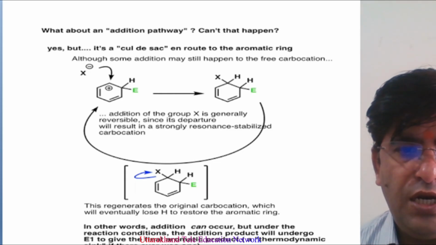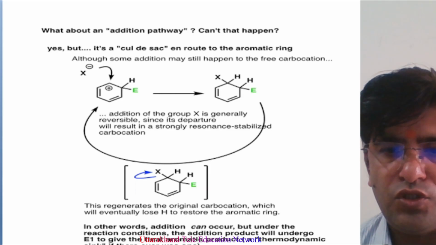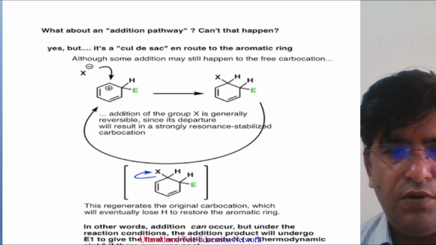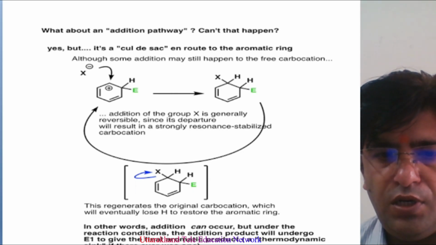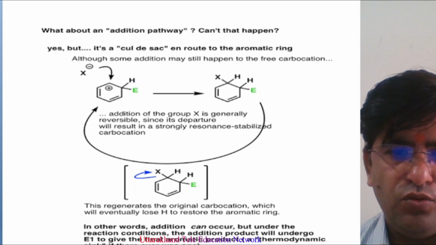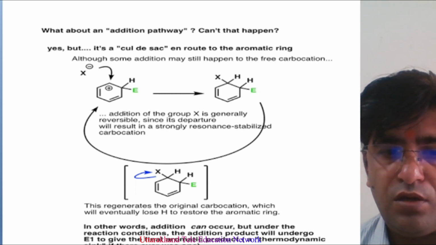This regenerates the original carbocation, which will eventually lose a hydrogen to restore the aromatic ring. In other words, the addition can occur, but under the reaction conditions, the addition product will undergo an elimination reaction to give the final aromatic product, a thermodynamic sink, if there ever was one.